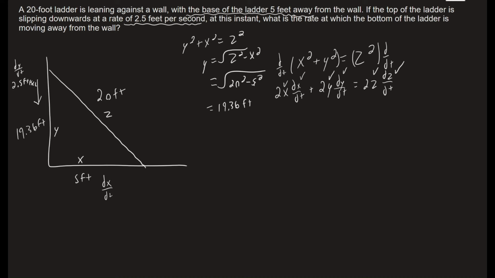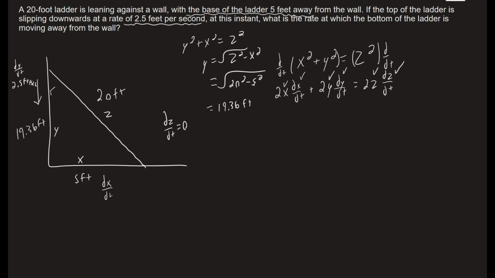So imagine we have a ladder against the wall. If it's starting to slip down, the length of the ladder doesn't change. So this would still be 20 feet. So no matter what angle the ladder is leaned up against the wall at, it'll always remain the same length, 20 feet. So that means dz over dt equals 0.